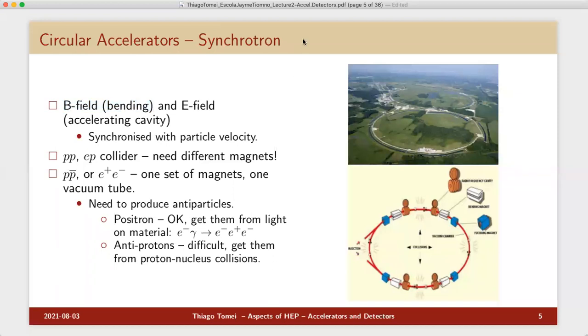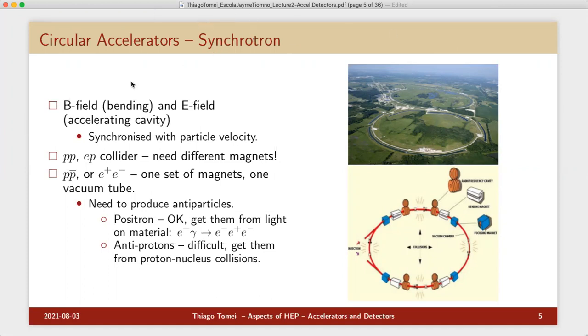So you have to synchronize these two things, and of course, synchronizing the electric field and the particle velocity is just what I had said before.